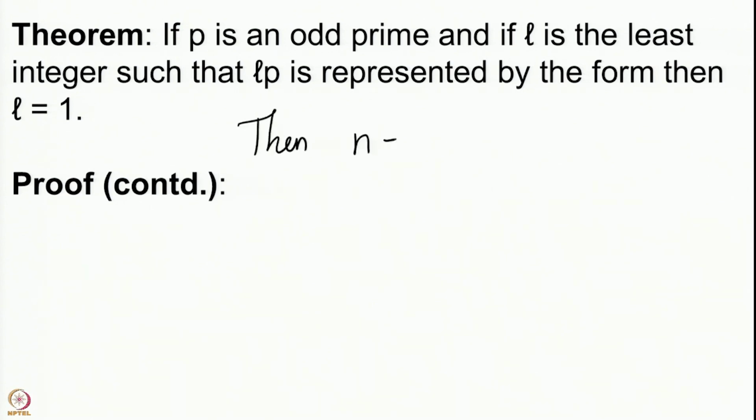Then n is kL for some k. Can you have that n is 0? Is it possible that n is 0? Let us go back and see what it would mean that n is equal to 0.